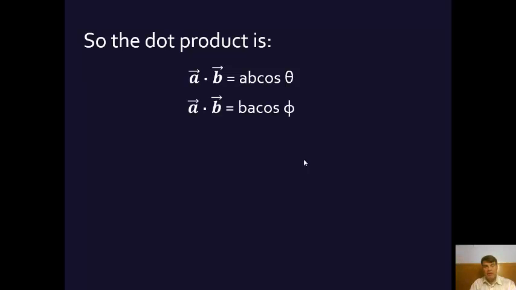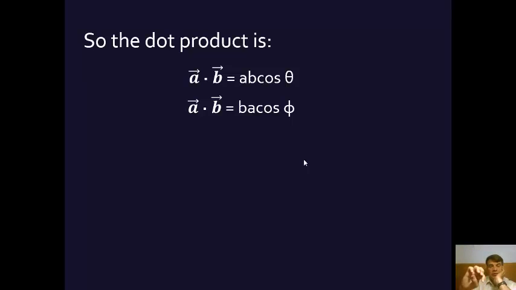Similarly, if you flip it around, and I'm sorry, I should have flipped the B and the A and done vector B dot product vector A. These are actually commutative. It doesn't matter which order they go in.